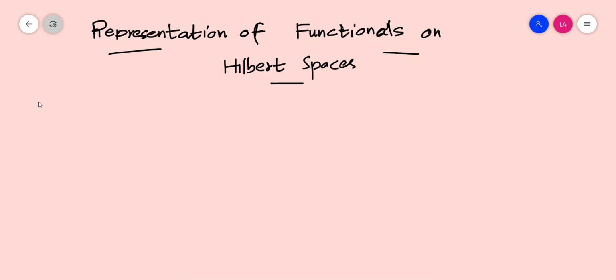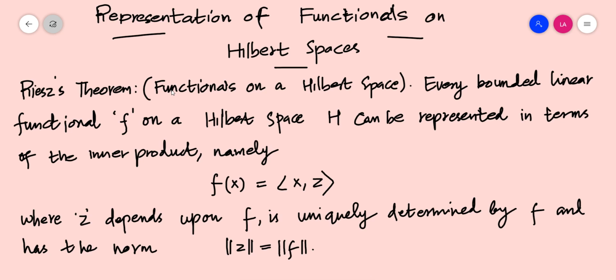That is the general idea proposed by Riesz, the famous Riesz's theorem. So let us quote the theorem. Riesz's theorem characterizes every bounded linear functional defined on a Hilbert space in terms of the inner product.